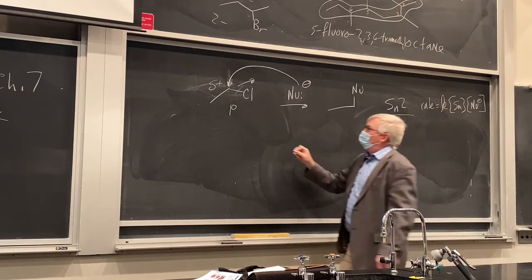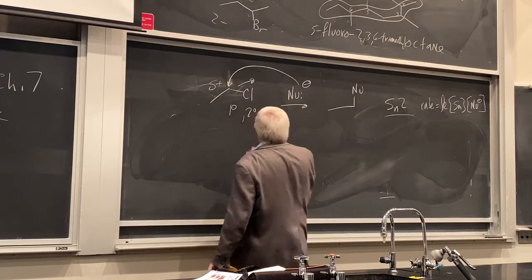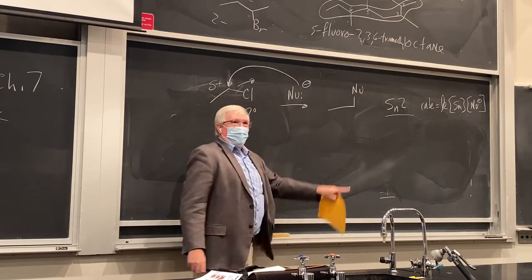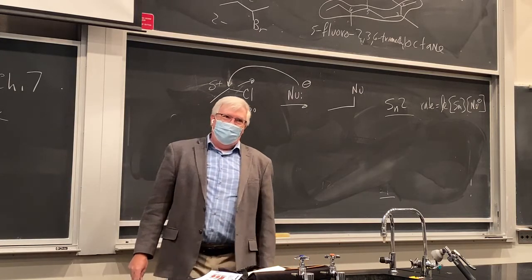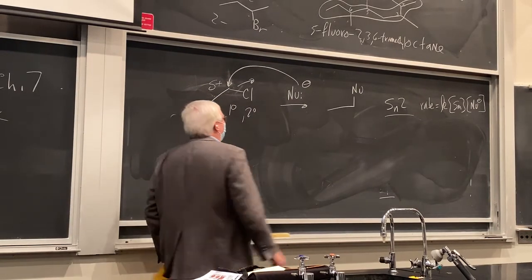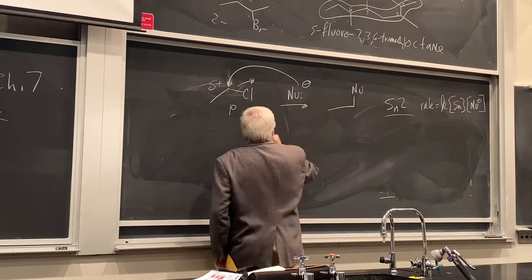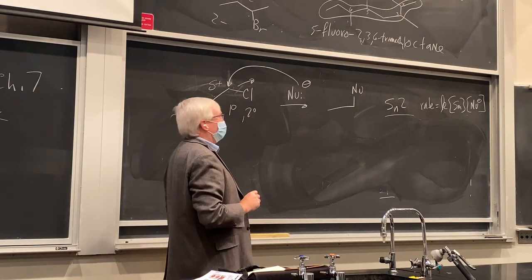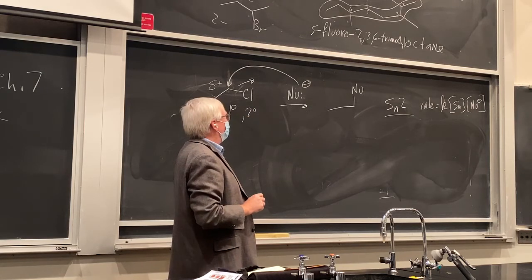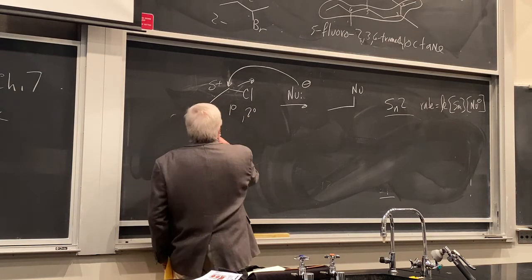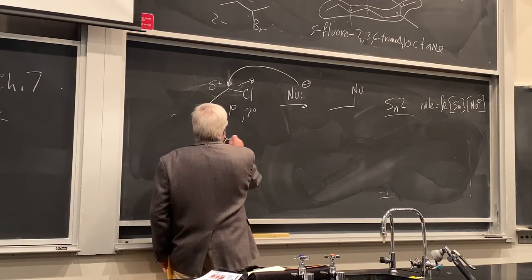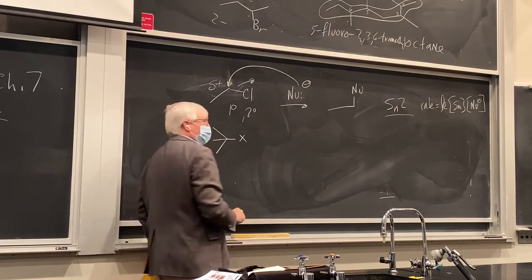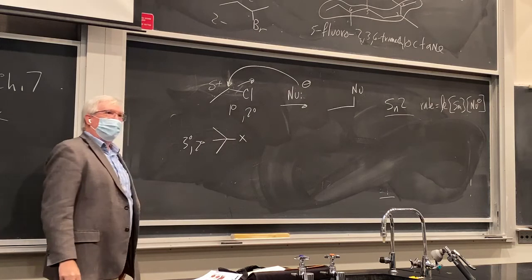Now, generally that will be the same for secondary, as long as this is a small, charged, weak base nucleophile. And this has to be charged, or an amine or ammonia can also do these type of SN2 reactions. Okay, if it's tertiary or secondary in some cases, depends on the stability.